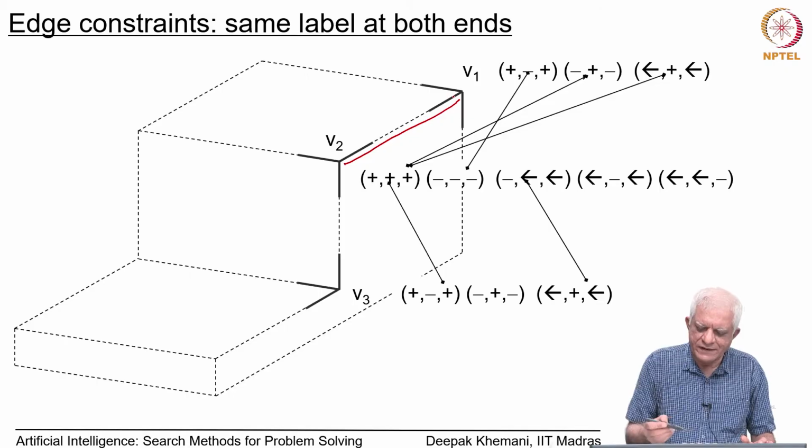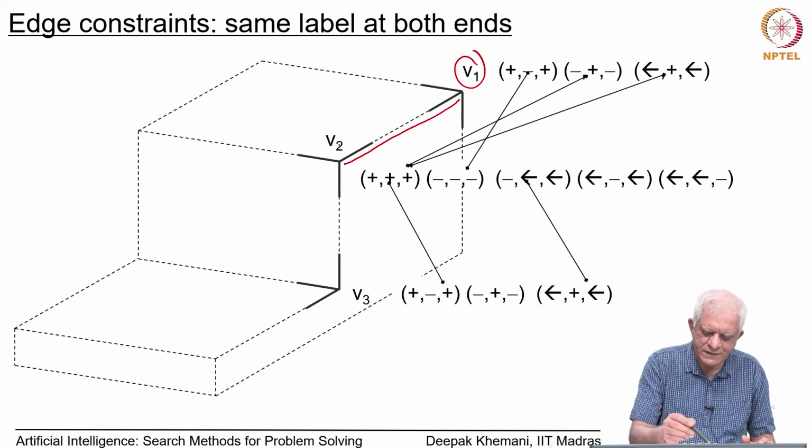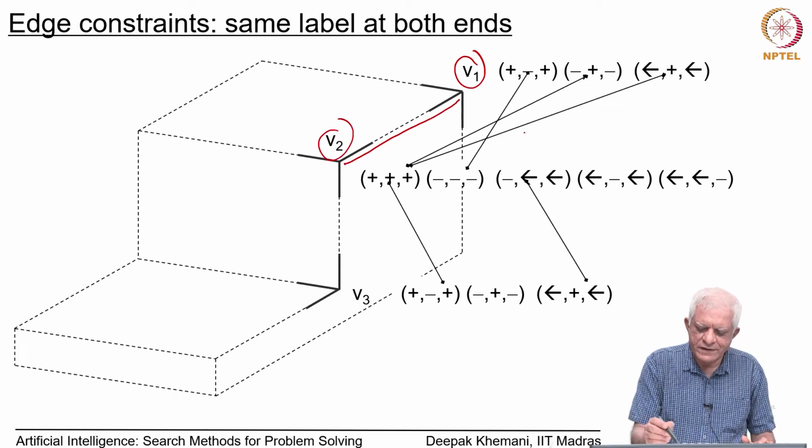And this is what this diagram is showing: this vertex V1 and this vertex V2. These are the allowed labelings for V1, which is a W type of vertex here, and these are the allowed labelings for V2, which is a Y type of vertex here.